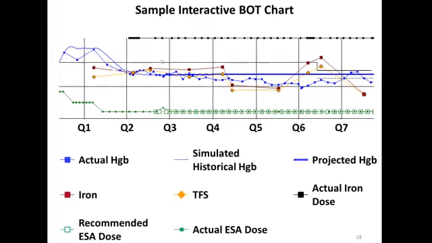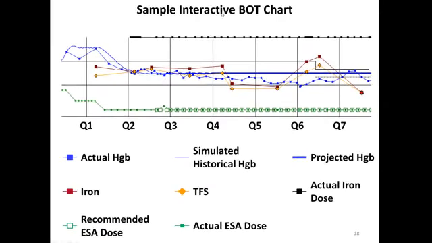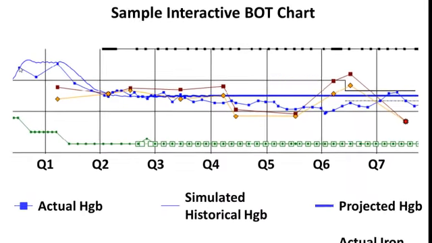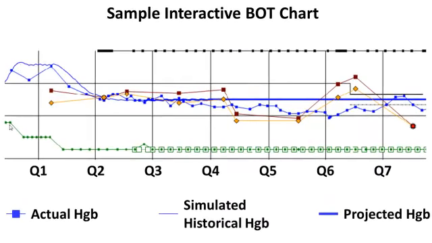We don't have time to walk through all the details of this. It's called a behavior over time chart. What we're displaying here is about 8 quarters' worth of data, where we're showing a patient's actual hemoglobin values, and here in this light blue line we're showing a simulated hemoglobin value, the value that would be obtained if these actual green doses, these green boxes, were given.